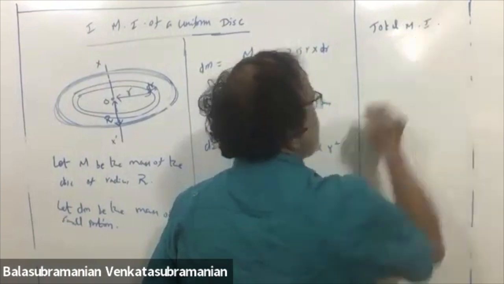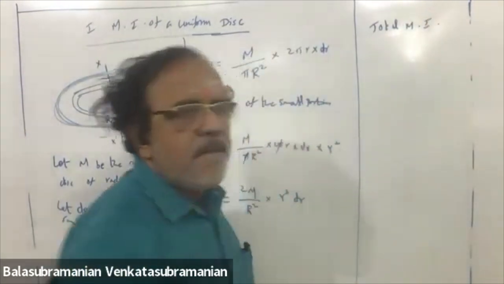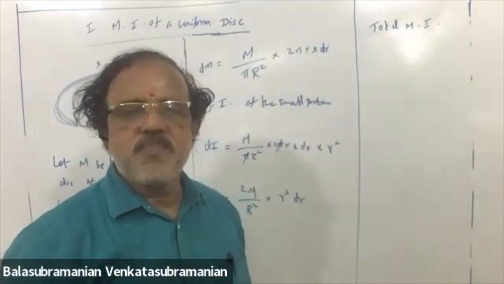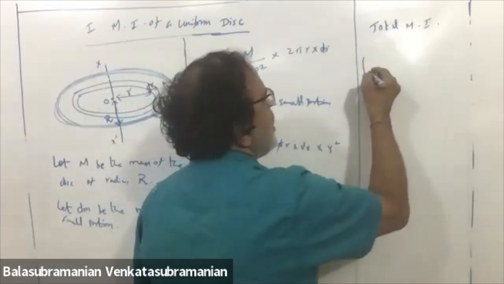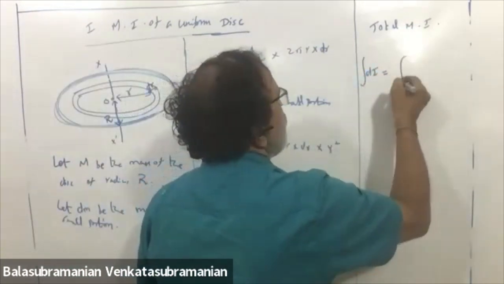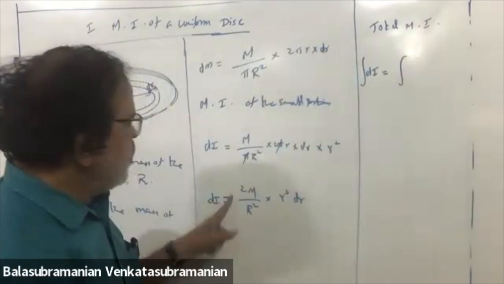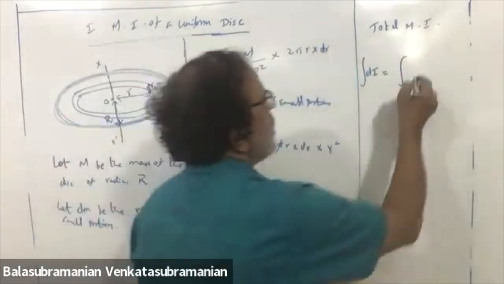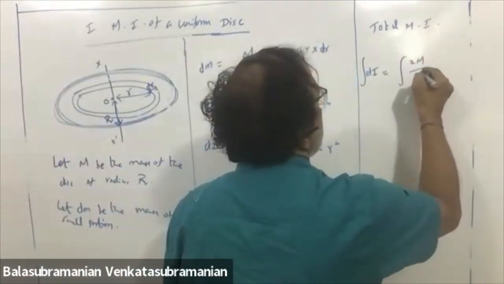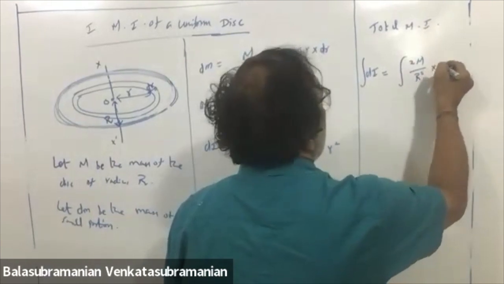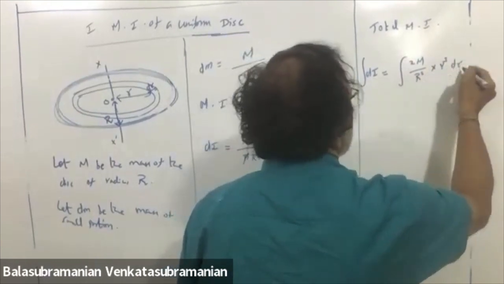What is the formula? Integral dI is equal to integral 2m by r square into r cube dr.